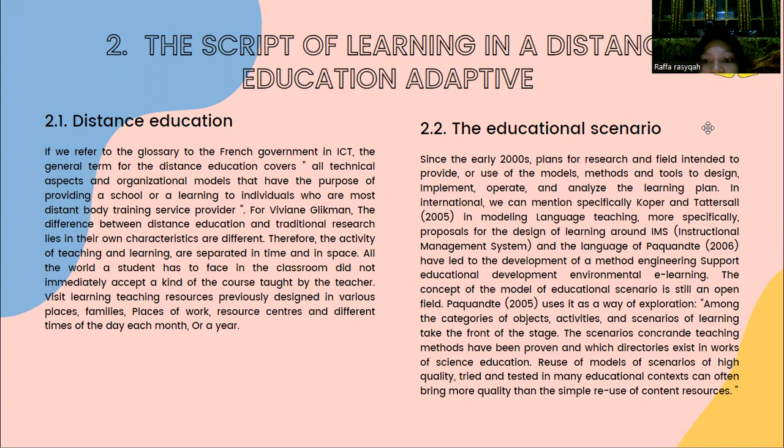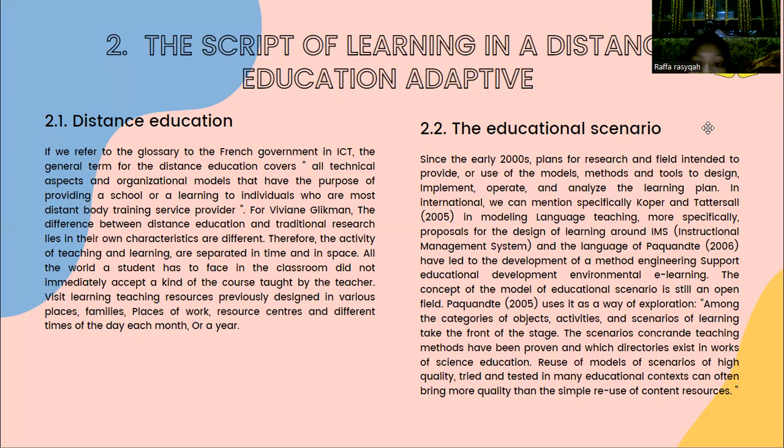2.2 The educational scenario. Since the early 2000s, plans for research and files intended to provide the use of models, methods, and tools to design, implement, operate, and analyze the learning plan.